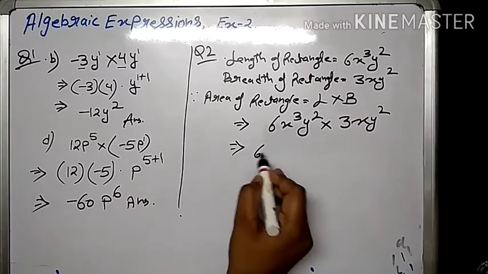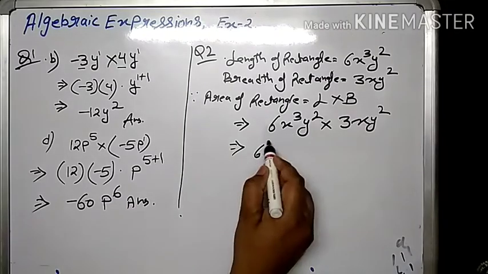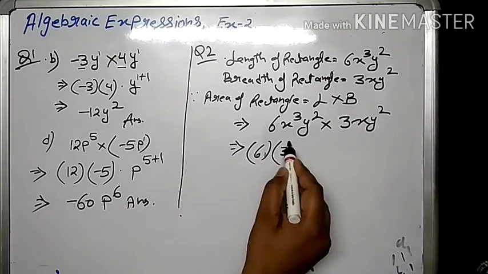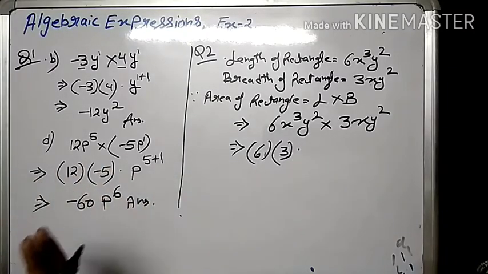Now here again the constant terms will be multiplied together, that is 6 and 3 dot. Why am I doing this? So that we should not make silly mistakes when we are solving a question.